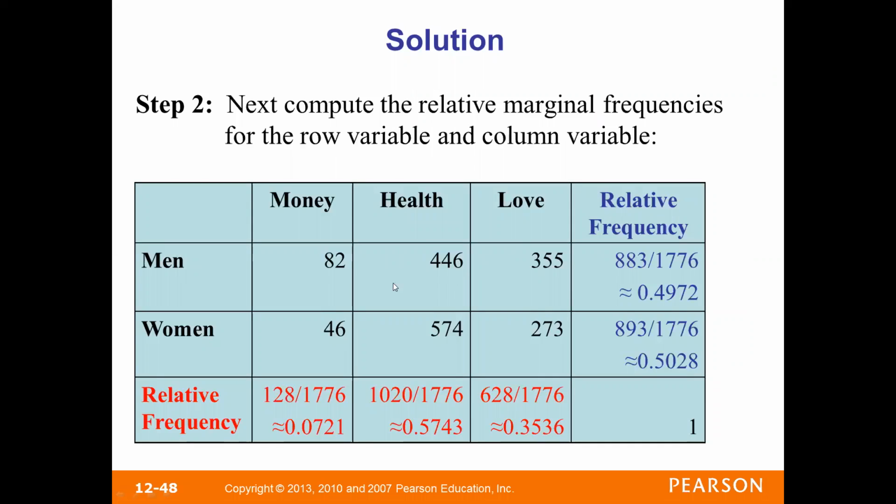We can then get our relative frequency of men and relative frequency of women, and we get the relative frequency here and there and here. With what they initially said, we're going to take the relative frequency of the column times the relative frequency of the row times the number of observations.